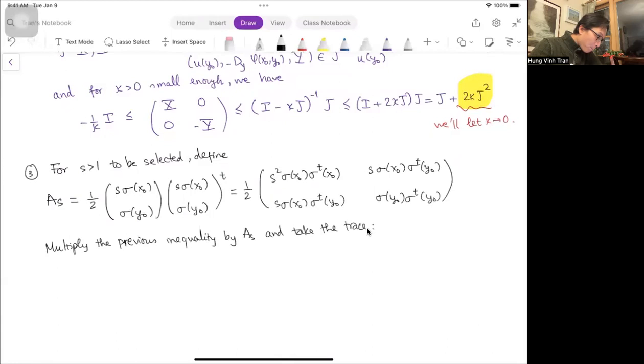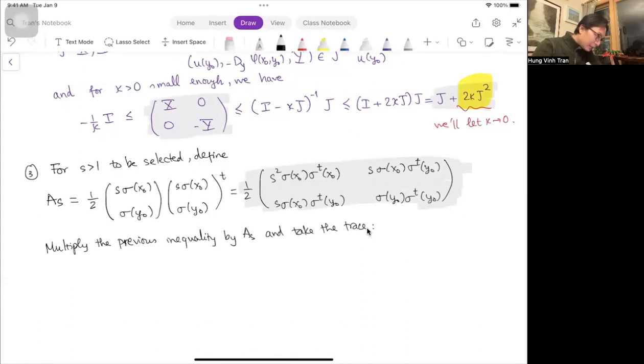All right, let me highlight it. I have this matrix here, which is less than or equal to J plus something. That something is small, right? I'm going to take this inequality and multiply with this matrix A_s here, and I'm only taking the trace.